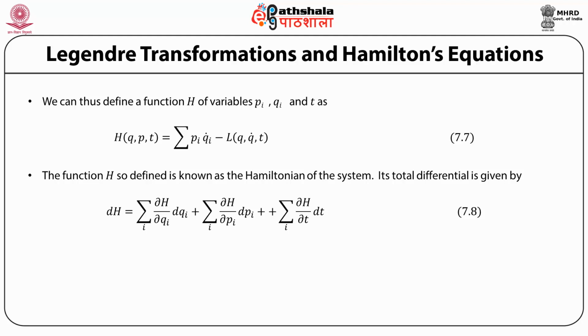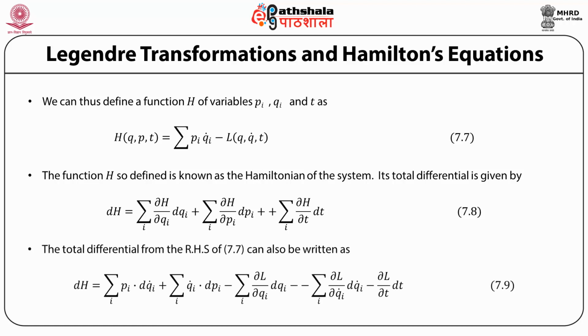Therefore, the total differential of this function h, dh, by the chain rule is given by the sum over i of the partial derivative of h with respect to q_i times dq_i, plus the partial derivative of h with respect to p_i times dp_i, plus the partial derivative of h with respect to time times dt.